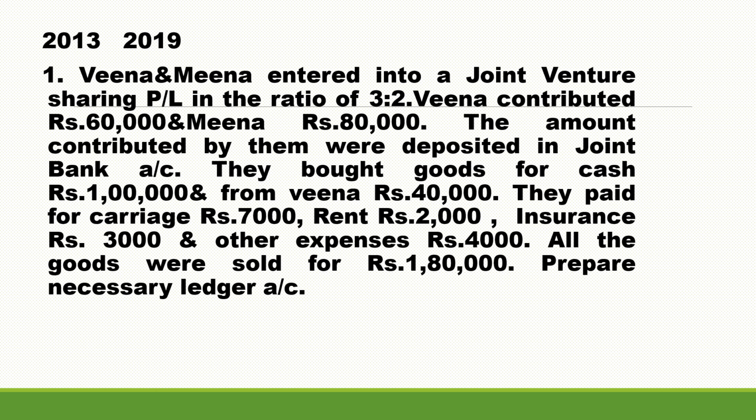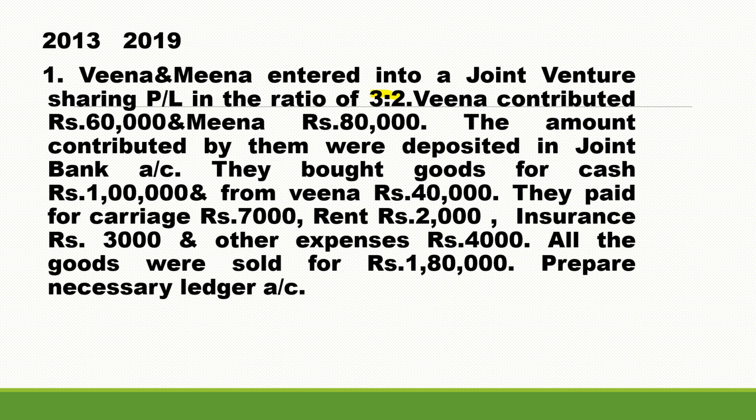They paid carriage 7,000, rent 2,000, insurance 3,000 and other expenses 4,000. All the goods were sold for rupees 1,80,000. Prepare necessary ledger account.